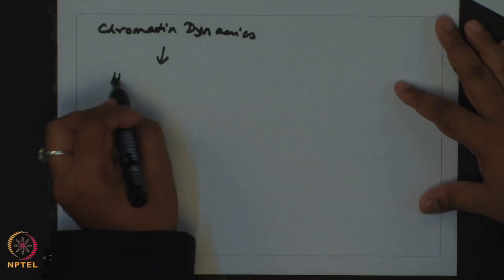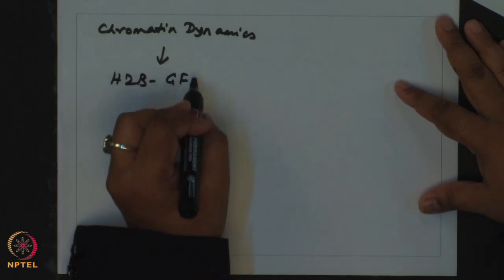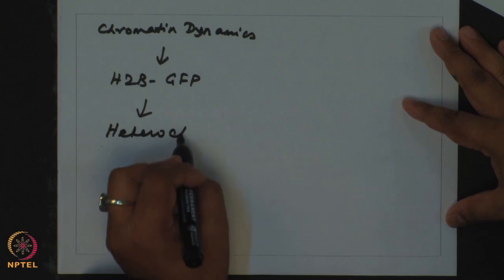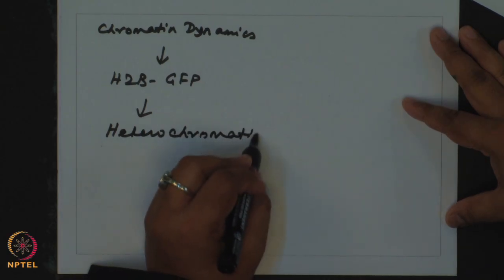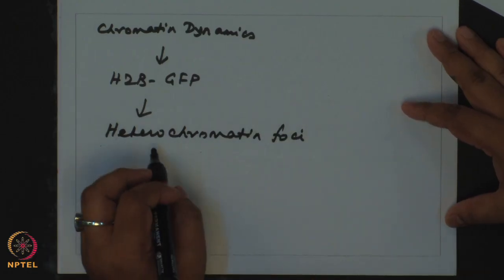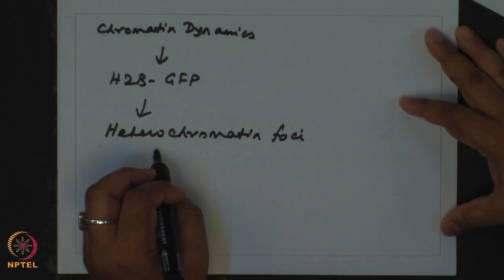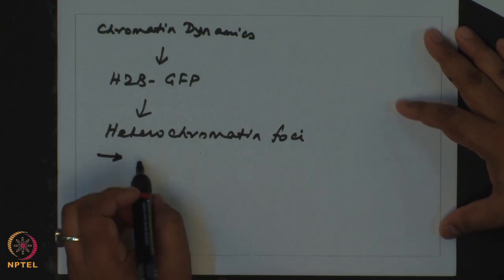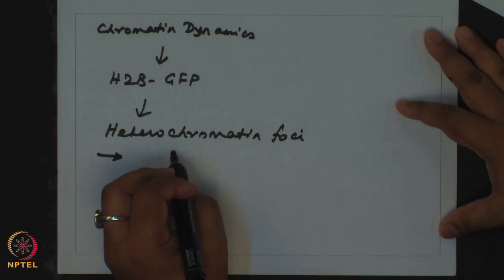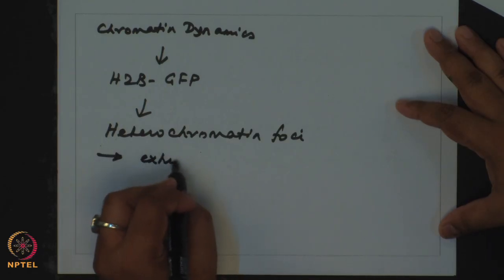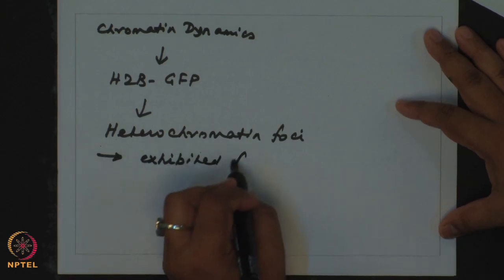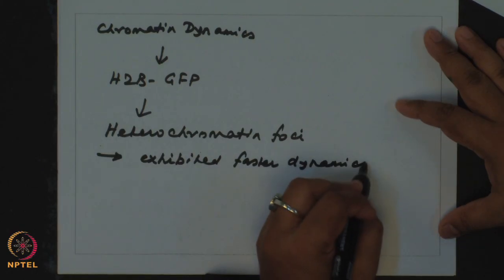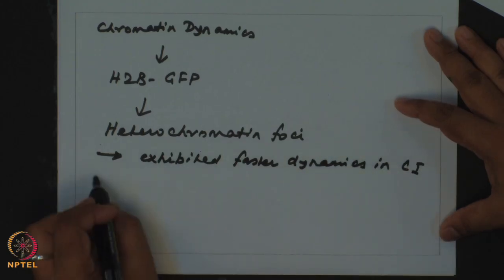by labeling with H2B GFP and tracking foci. Okay. They tracked the heterochromatin foci within the nuclei, and what they found was that in these chymographs, the heterochromatin foci exhibited faster dynamics in CI compared to LP.